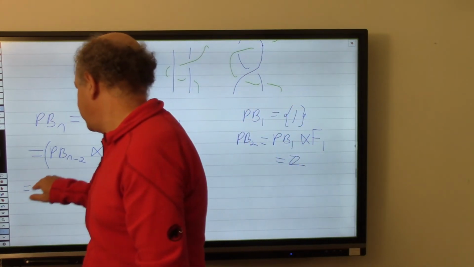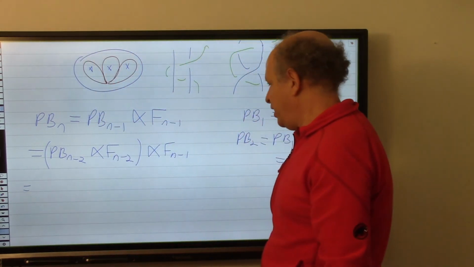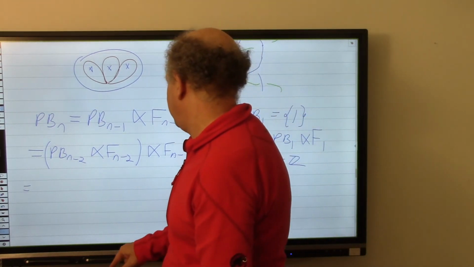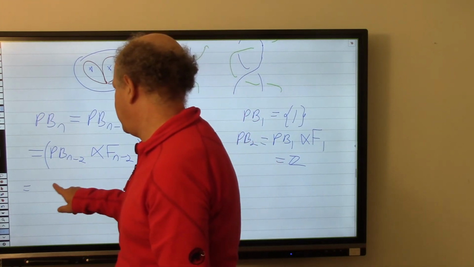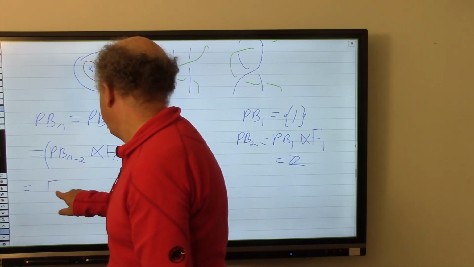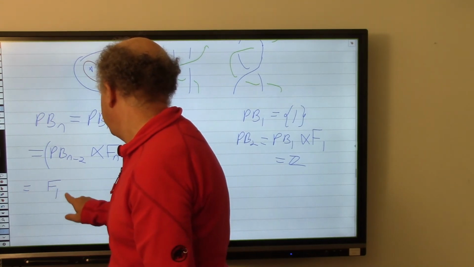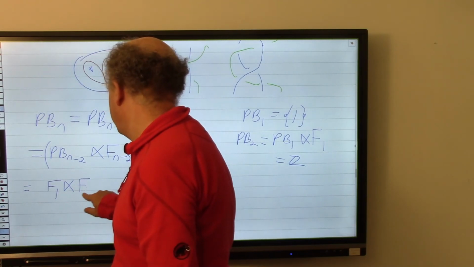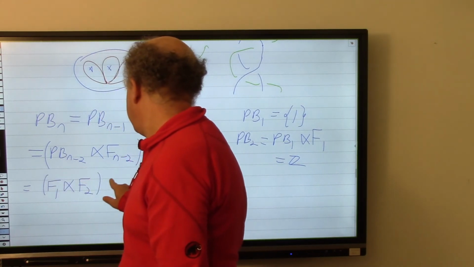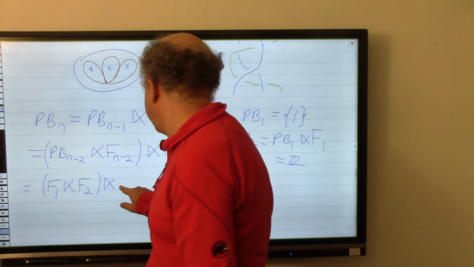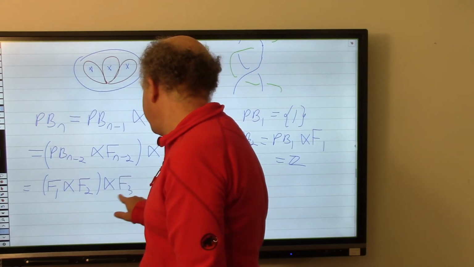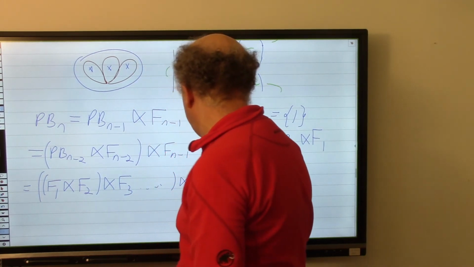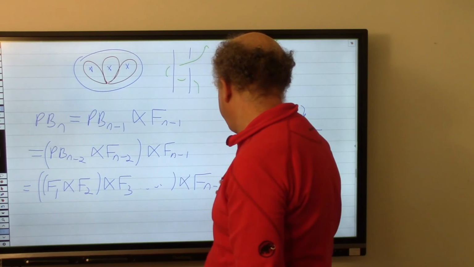And now I can continue, and when I continue I will eventually get F1 semi-direct product F2 semi-direct product F3 semi-direct product all the way up to F n minus 1.